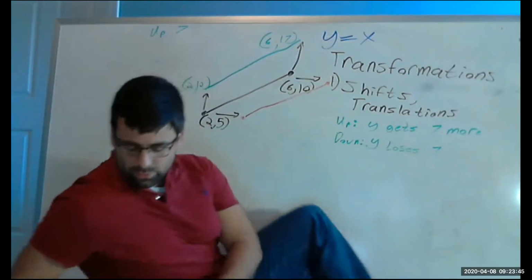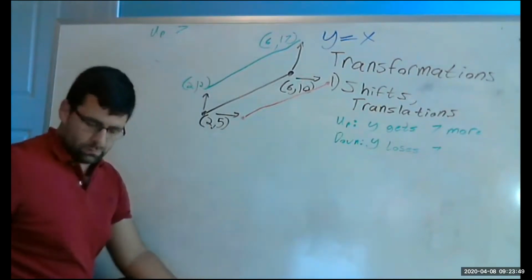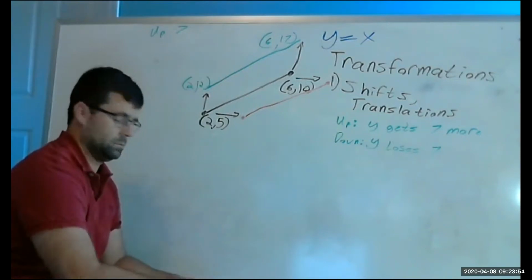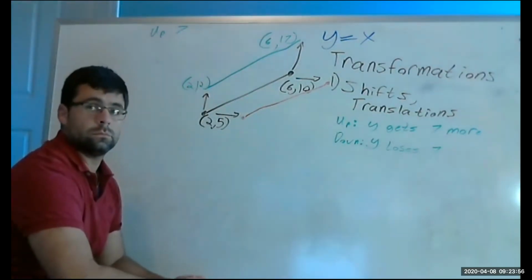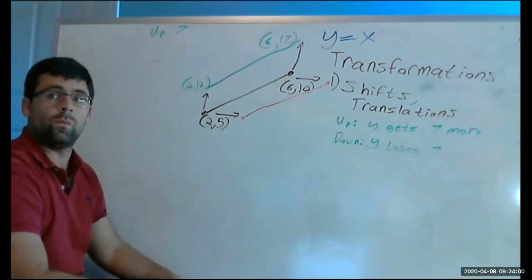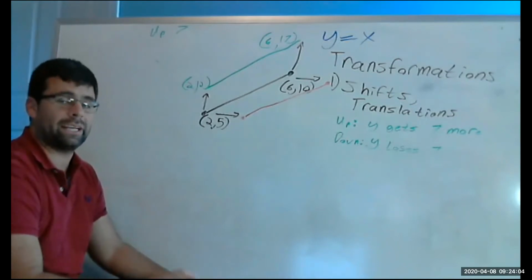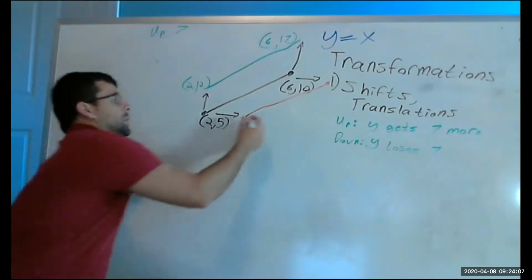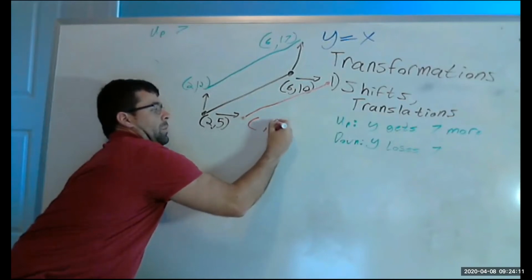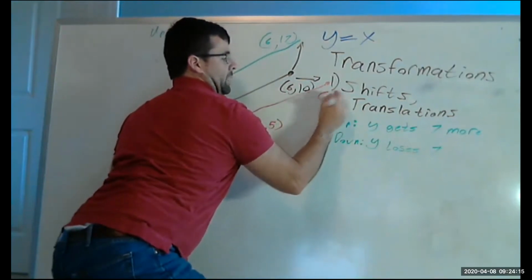Well, what happens to the coordinates? The y value stays the same and the x changes. Okay. So then our coordinates would be something, 5 and something, 10.